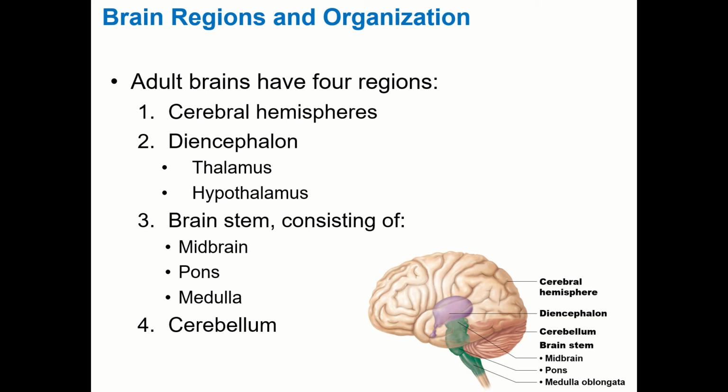And information getting ready to go down the spinal cord, much of that also synapses in the thalamus. So again, it acts as a relay station. Stuff goes into or out of the thalamus, whether we're bringing sensory information back to the brain or motor information away from the brain. So, central relay station.